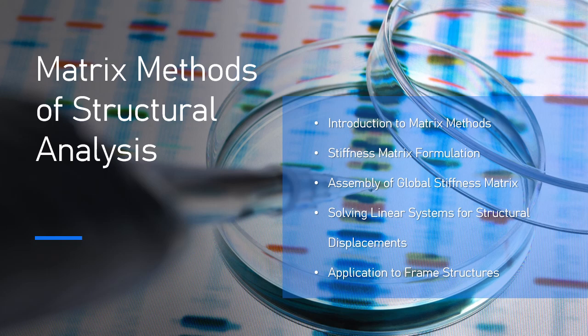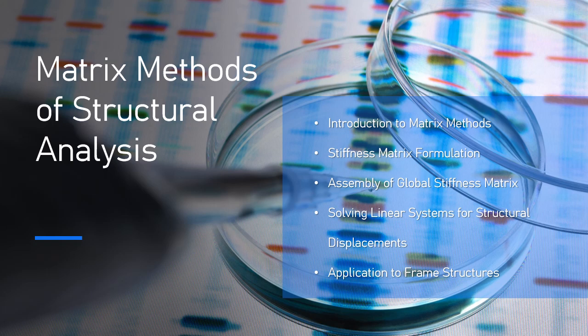3. Matrix methods of structural analysis. Stiffness matrix formulation. The stiffness matrix formulation is a central concept in matrix methods of structural analysis. It describes how a structure resists deformation when subjected to loads, and it plays a pivotal role in the displacement-based methods of analysis.